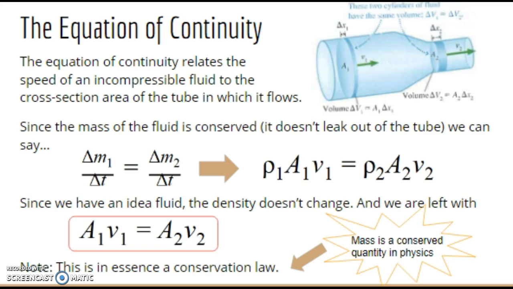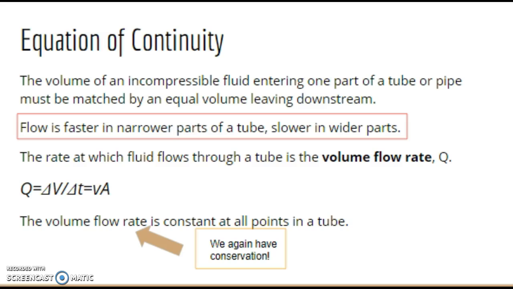Right, so that means that in regions of a tube that are larger, the speed of the fluid is going to be slower. Conversely, if the area decreases, then speed has to increase. So therefore, regions of the tube that are squeezed to be smaller are going to move faster. That's basically what I have here in that box.